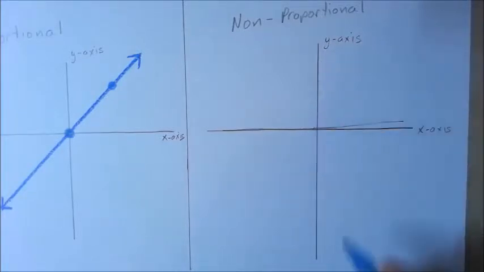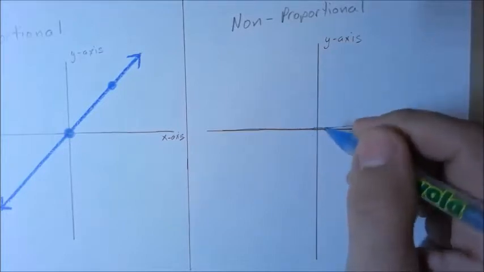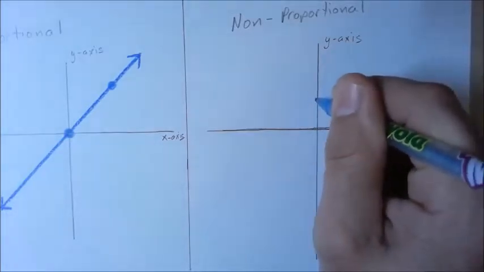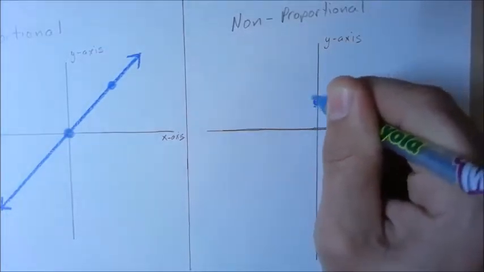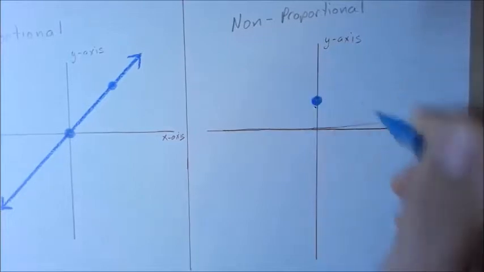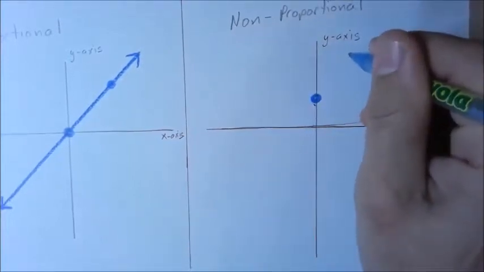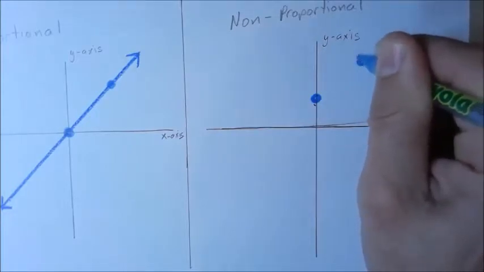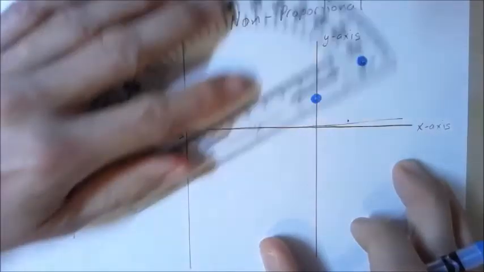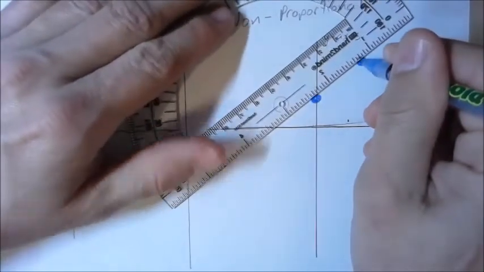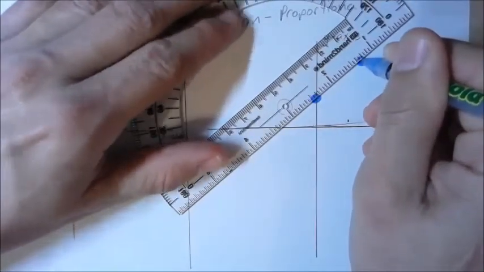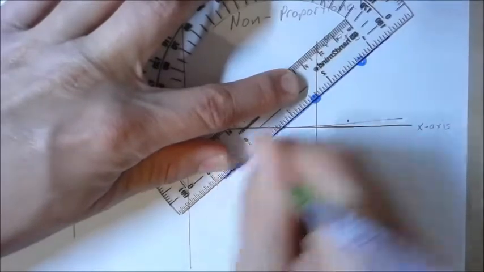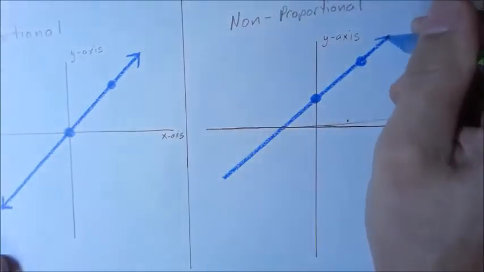I think in this case I'm going to put mine on the positive side. So I'll put my y-intercept up here. And then I'm going to put a point anywhere in quadrant 1. So let's see, we'll do it right there. Now just go ahead, use my protractor to make me a straight line. And there we go.